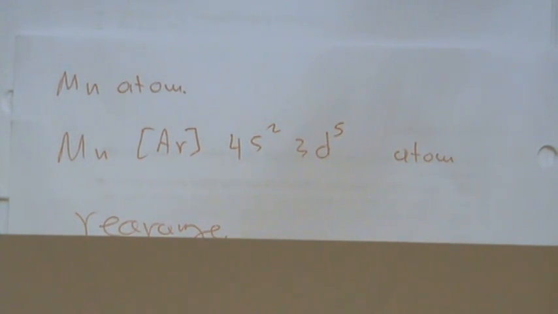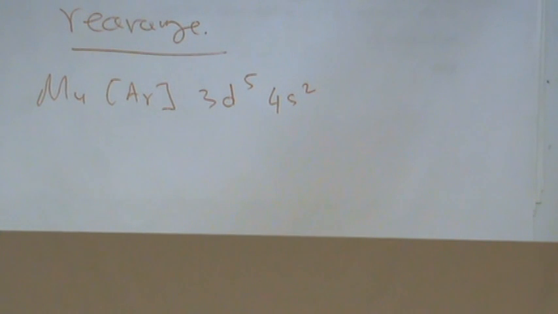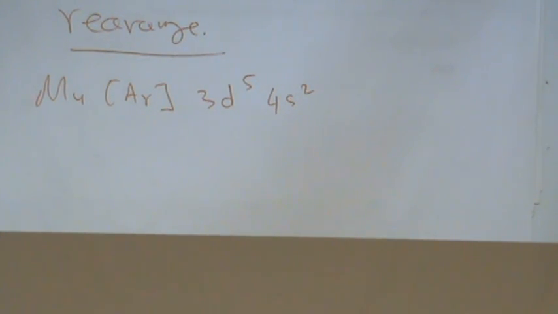And I'm going to do it in such a way that the first quantum number is in increasing order, okay? So if I do that, then it has to be 3d5, 4s2. So you rearrange. You go to the ions of transition metals, you have to rearrange it.